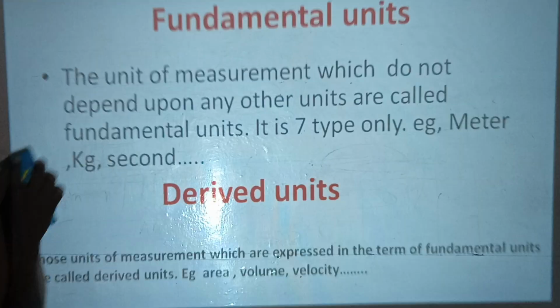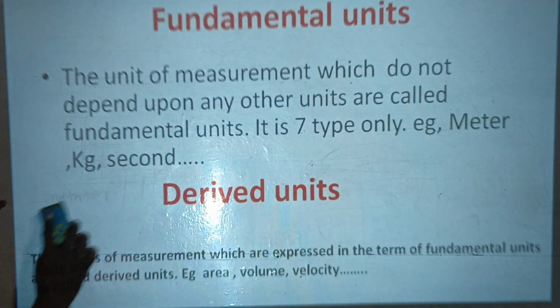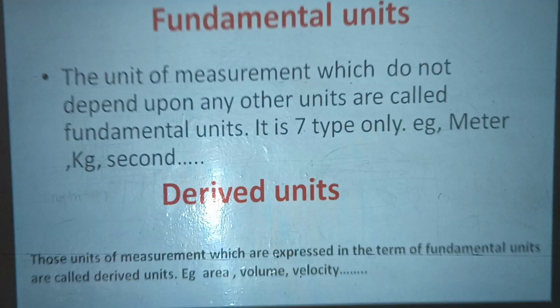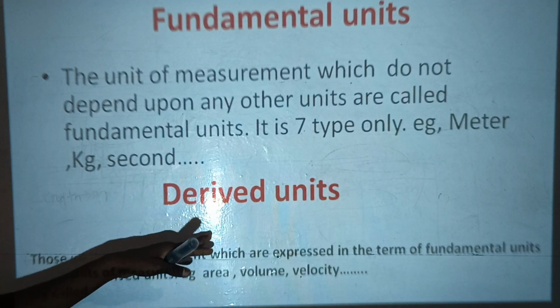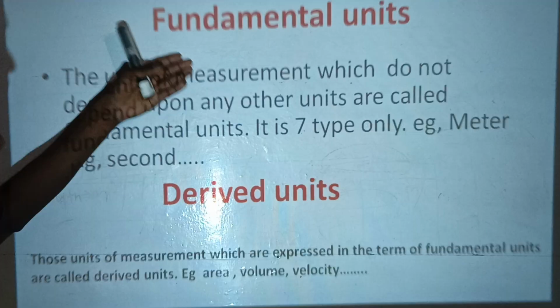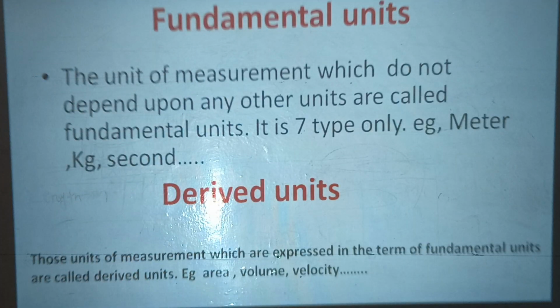A derived unit depends on fundamental units. Simply, the fundamental unit is the king, and the derived unit depends on the king, like a dog, and the fundamental unit is like a tiger. The derived unit fully depends on the fundamental unit, and the fundamental unit is the single unique king of the jungle. Okay, that example is only for a joke.